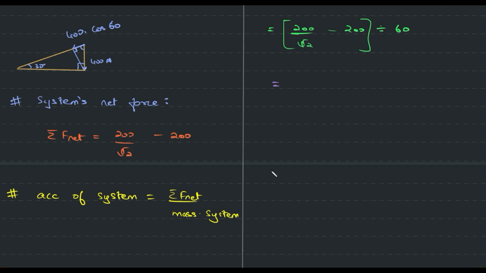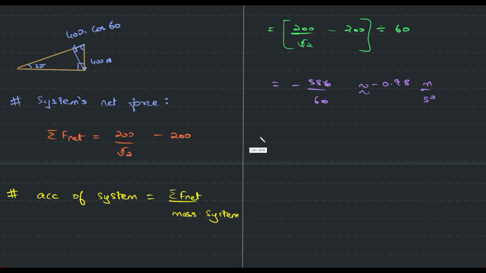Okay guys, so I think that's it. Calculating this, we'll get a negative answer. Let me do it. So 200 divided by root 2 minus 200. This is 141.4 minus 200, which is minus 58.6, divided by 60. 58.6 divided by 60 is approximately 0.98 meter per second square, negative.